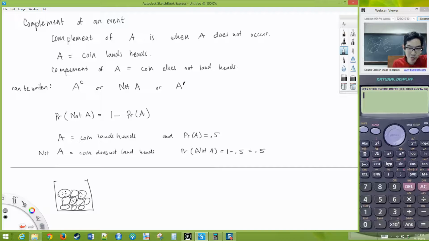So let's say there's two types of cookies, chocolate chip and oatmeal raisin.